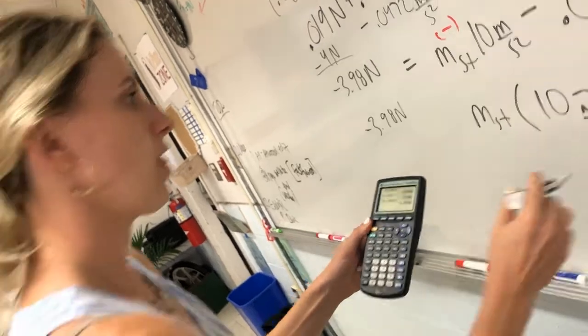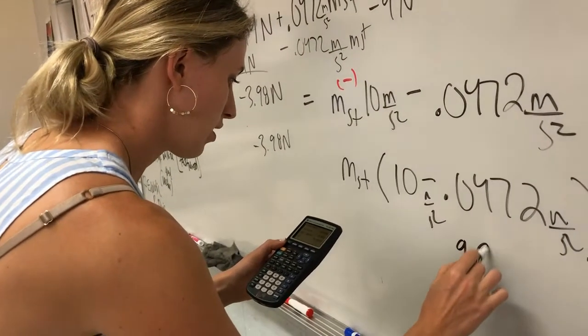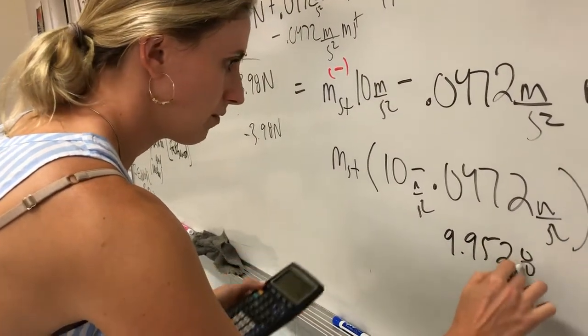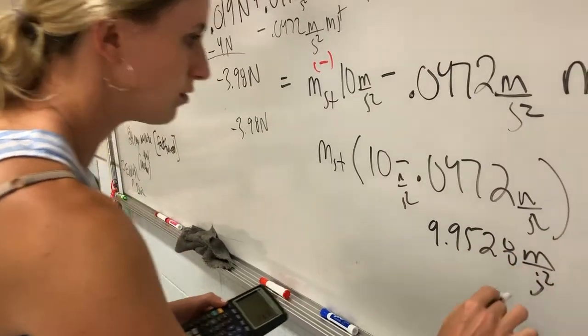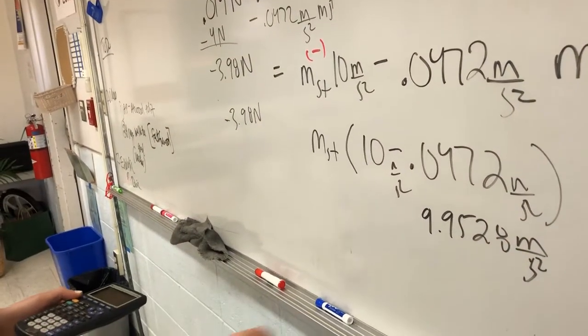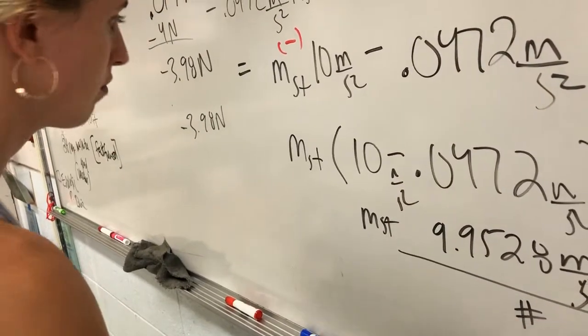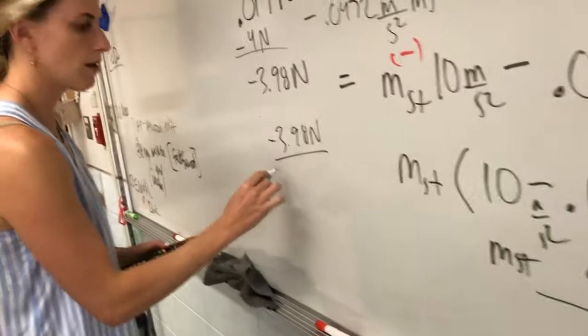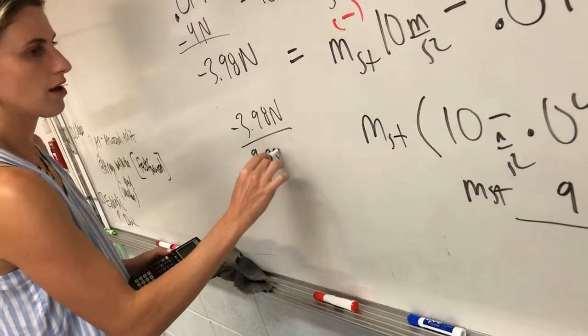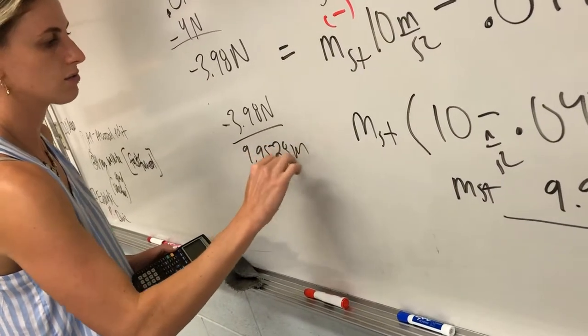I get 9.9528. It's a lot of numbers, Miss Moore. Do we need them all? Who knows? And I'm just going to go ahead and divide by this number right here, and over here, divide by 9.9528 meters per second squared.